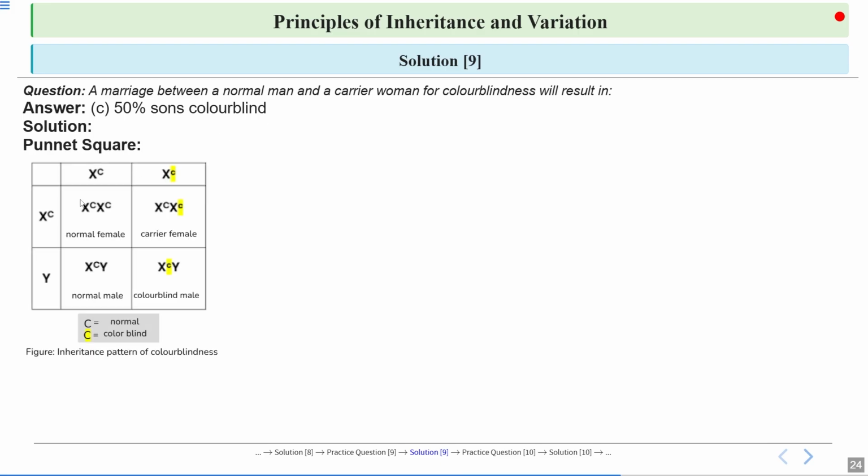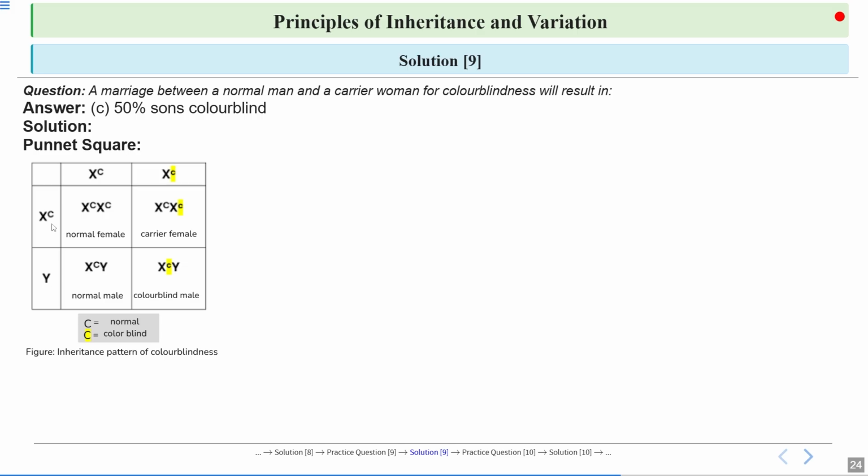So you can make a Punnett square here. On one side you can write the gametes produced by the female, and on the other side the gametes produced by the male. Here, the capital C is for normal, and this c, highlighted with yellow, is showing you the color blindness gene. The female is a carrier, so one of the X chromosomes will carry the normal gene, and the other X chromosome will carry the color blindness gene.